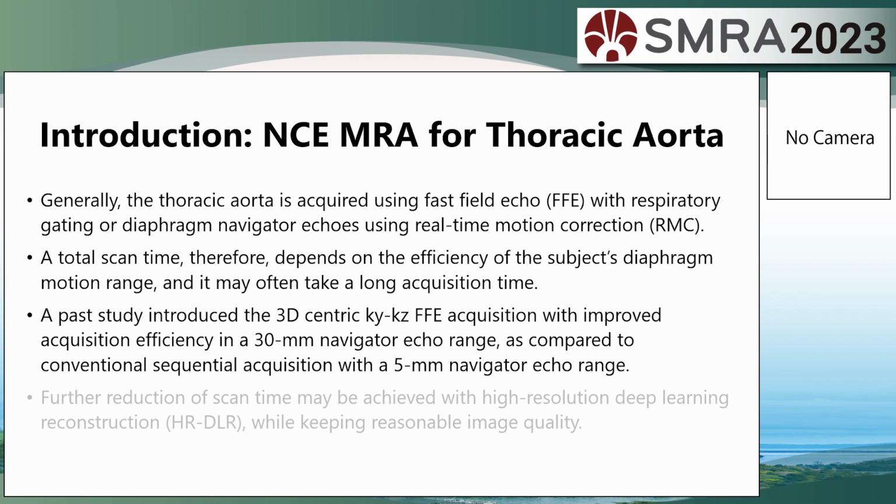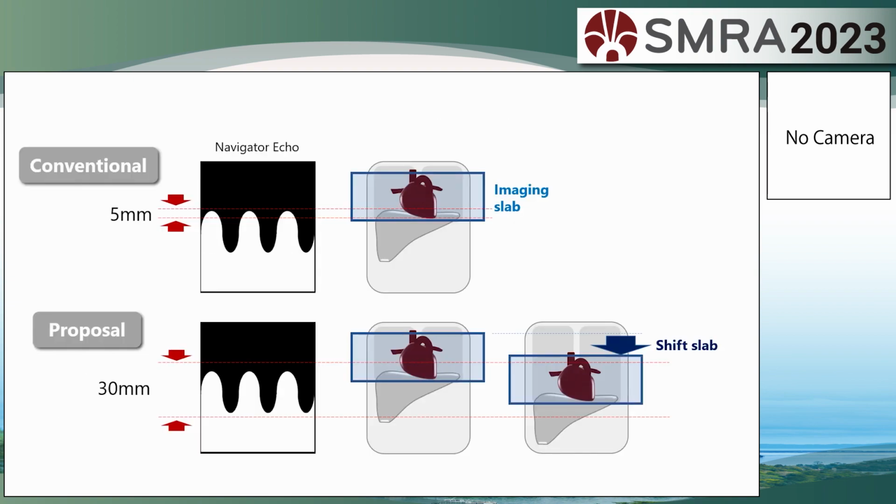and it may often take a long acquisition time. A past study introduced the 3D-centric KYKZ FFE acquisition with improved acquisition efficiency in a wide, 30 millimeter navigator echo range, as compared with conventional sequential acquisition with a narrower navigator echo range of 5 millimeters, for example. This is a simple schema of the conventional method using narrower navigator bands and the proposed one.